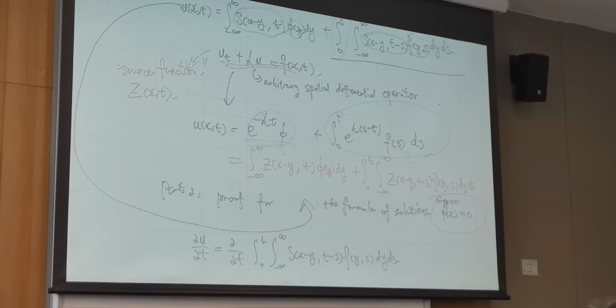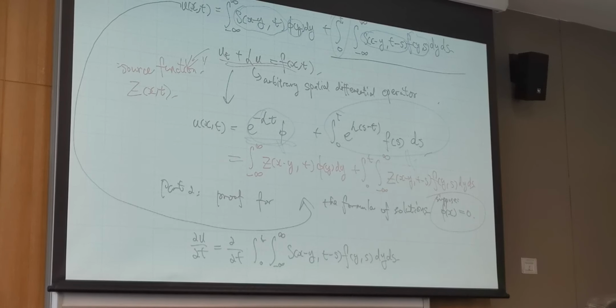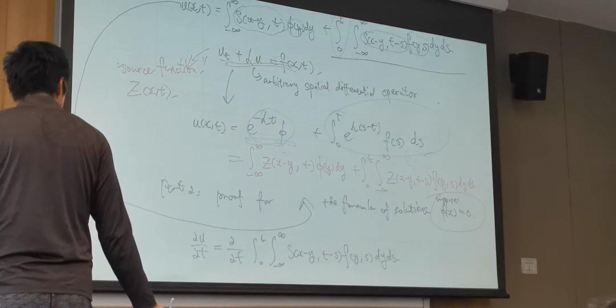Can I simply do that? The point s equals t has some problem there. Why do we have a problem over here? Because you cannot take the derivative of the endpoint.